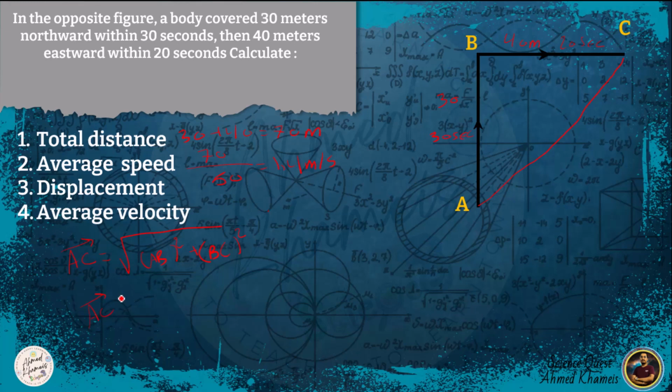So AC will equal the root of 30 square plus 40 square, equal 50 meters. So the displacement equals 50 meters in the northeast direction. So the velocity equals displacement over time. Displacement, which is 50 meters northeast, over the total time, which is 50 seconds, equals 1 meter per second in the northeast direction.